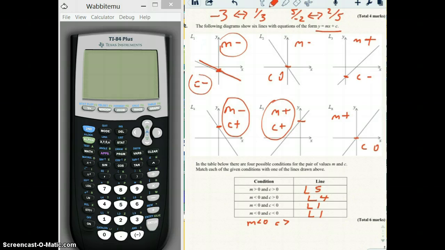No. M is positive. What they probably wanted to say was M is positive and C is negative. That would be this one, right? So they probably wanted to put L3 here. Okay.